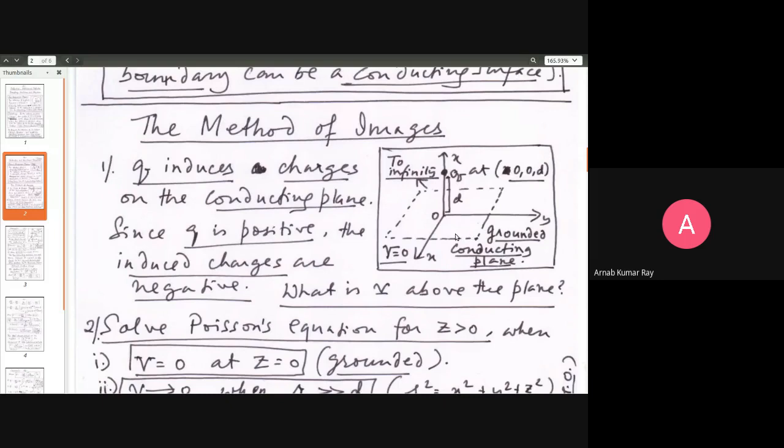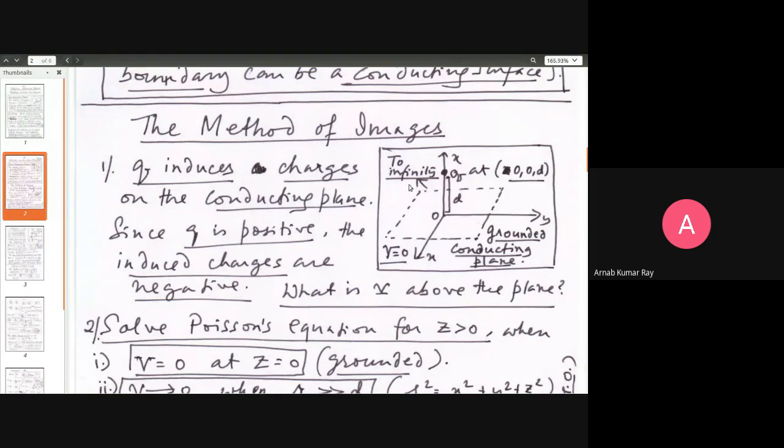Since this is a conducting sheet, as soon as you have a plus Q charge over here, all the positive charges in this sheet will tend to move away. This is a positive charge. Its effect will be to repel the positive charges on the sheet below. So the positive charges will tend to move away to as great a distance as possible.